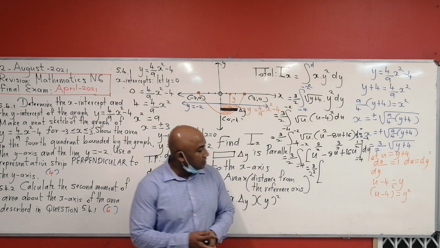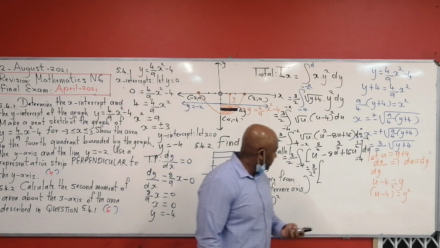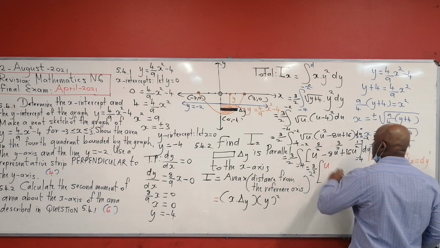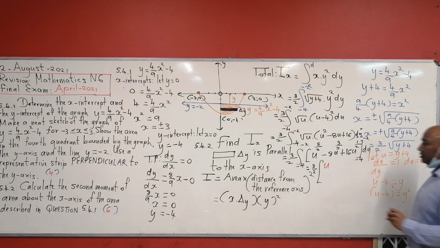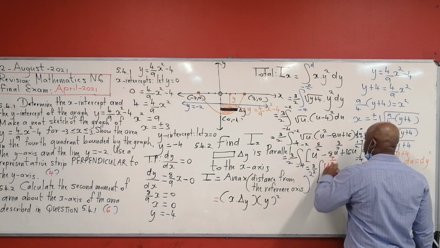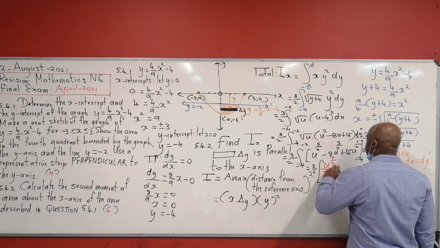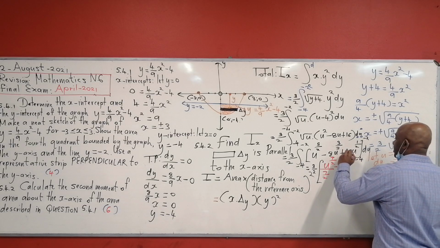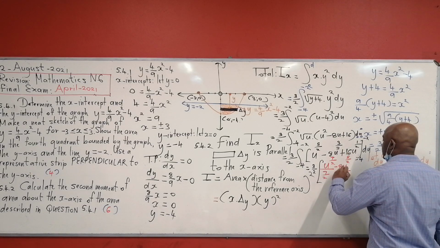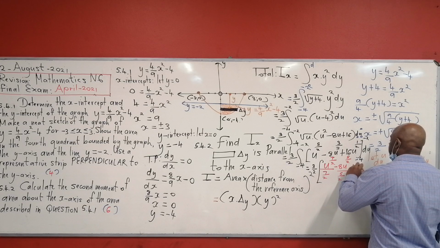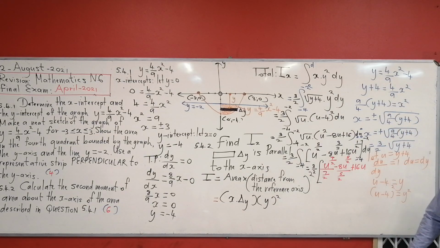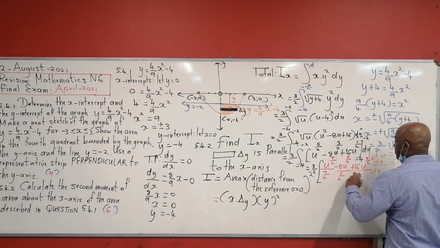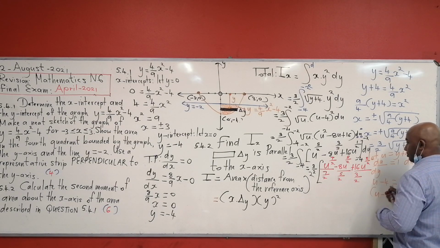Now let's integrate. That's going to be u to the power 5 over 2 plus 1, that's 7 over 2, divided by 7 over 2, minus 8u to the power 3 over 2 plus 1, that will be 5 over 2, all divided by 5 over 2, plus 16u to the power half plus 1, 1 over 2 plus 2 over 2 is 3 over 2, all divided by 3 over 2.